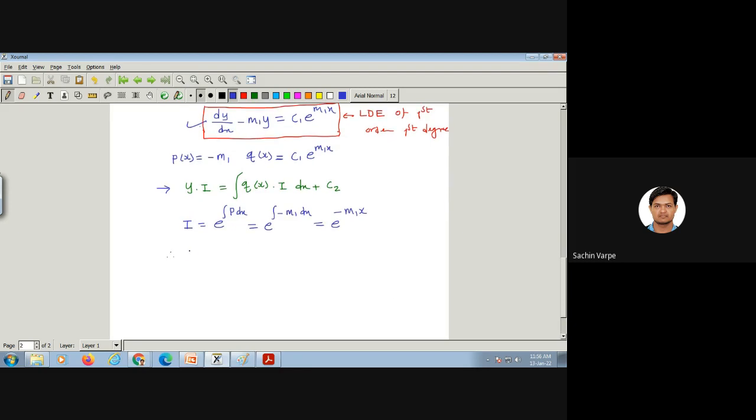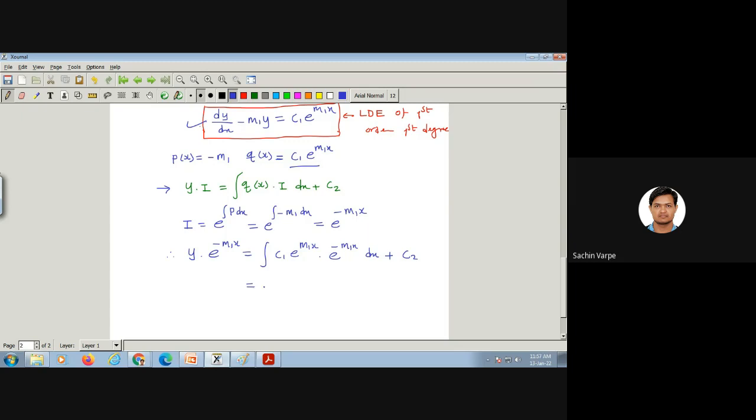Therefore, y into integrating factor, that is e to the power minus m1x, is equal to integration of q, but q is this. So that is c1 e to the power m1x into integrating factor e to the power minus m1x dx plus c2, right?